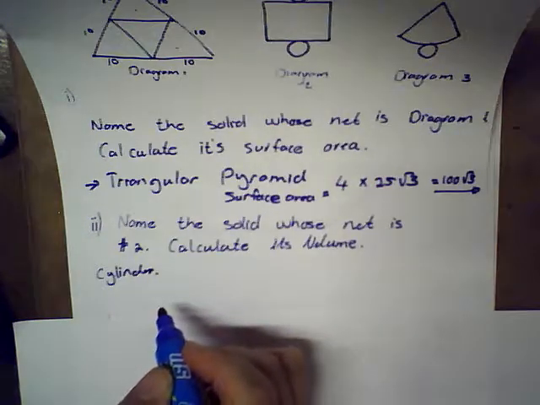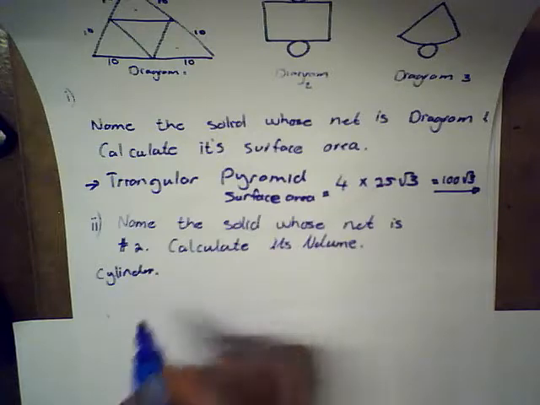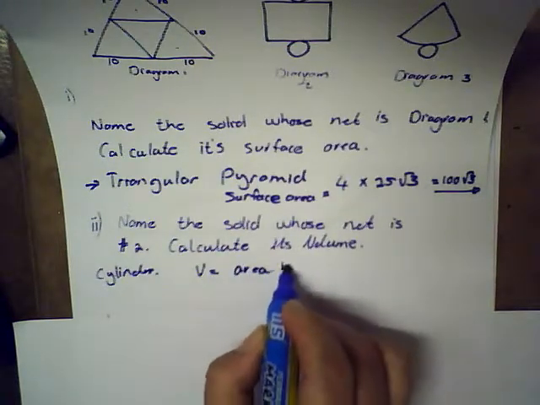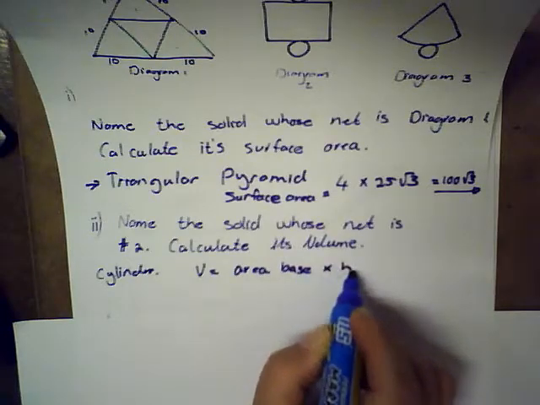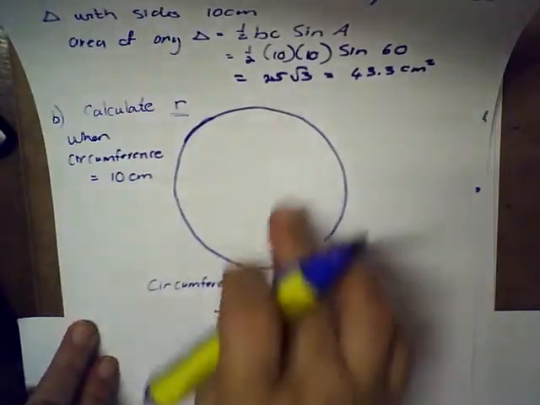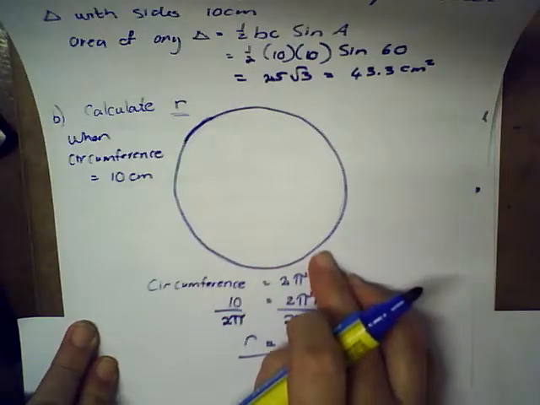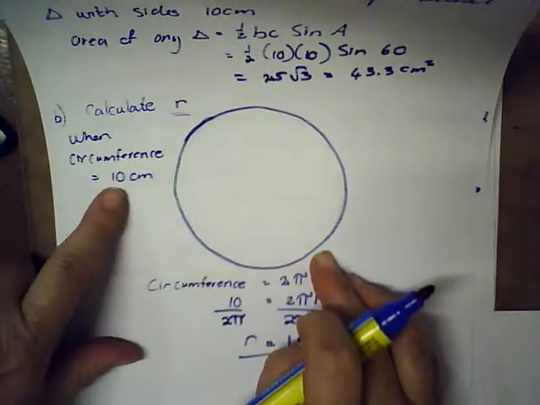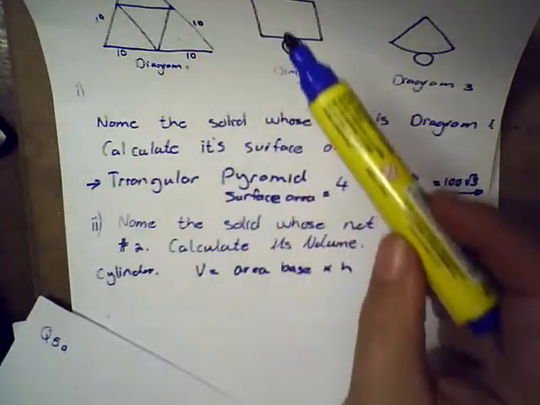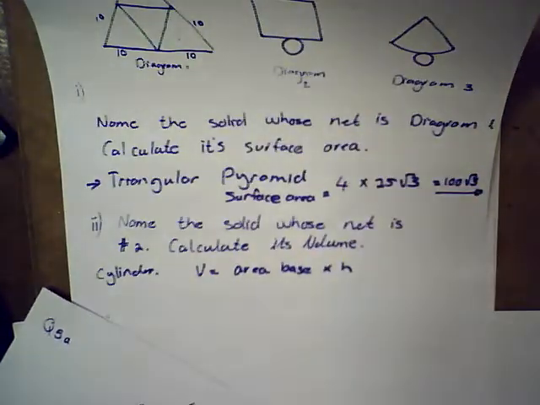Okay, now the second part is calculate its volume. We know that the volume of a cylinder is the area of a base times the height. We know that the area of a base is the same thing as what we have found in this circle, because the circumference of this circle was 10 centimeters, and it's given that the circumference of those little circles is 10 centimeters.